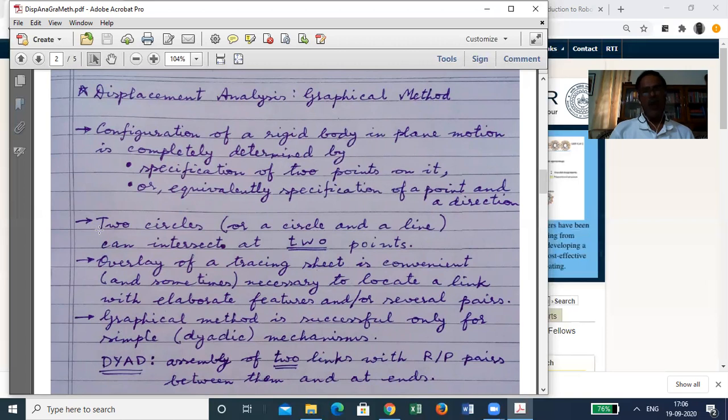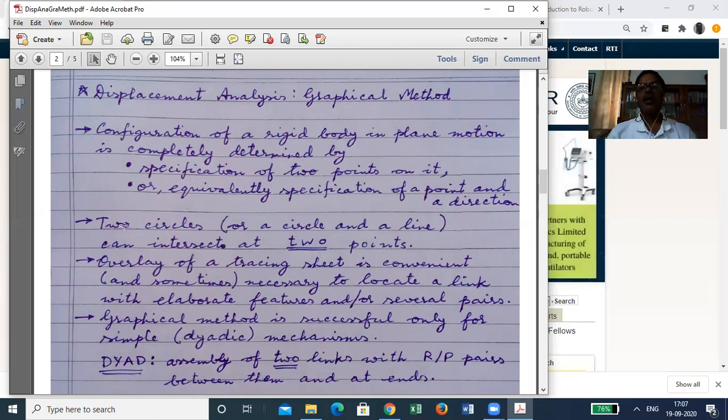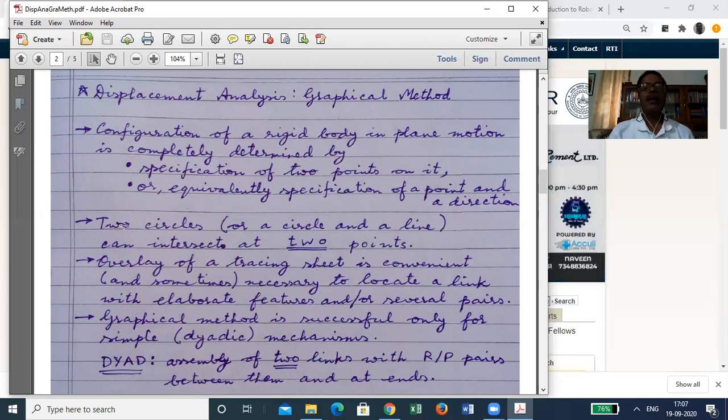Then, while progressively drawing your configuration, at many situations you will find that you have two circles to intersect or a circle and a line. In both cases, typically there are 2 points of intersection, and in order to continue drawing the configuration, you have to select one of them. According to the context, you select the correct one.